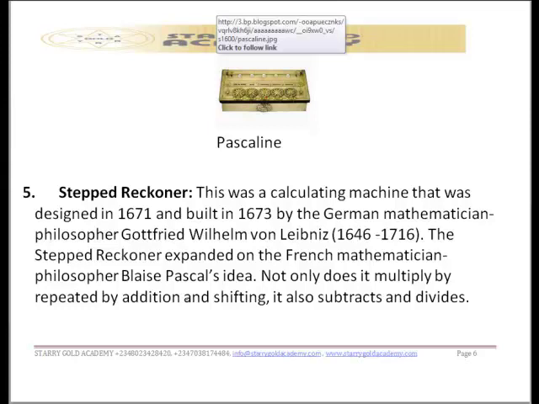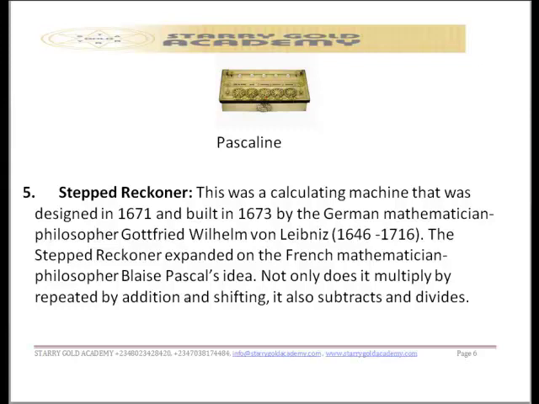Now, the components of Pascaline is that it has rotating gears or rotating wheels. One of the features is that it can carry digits to the next gear. The uses is that it was used for calculating whole numbers. That is it.